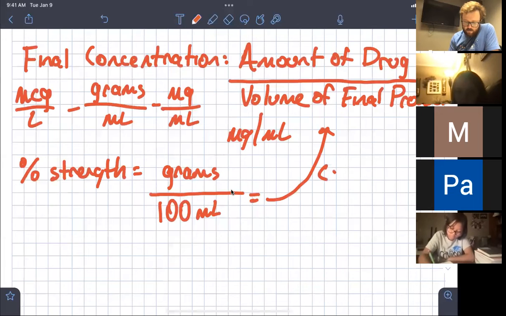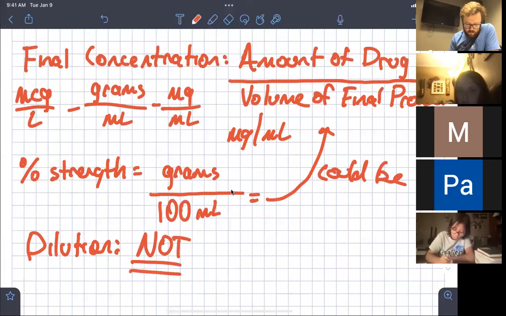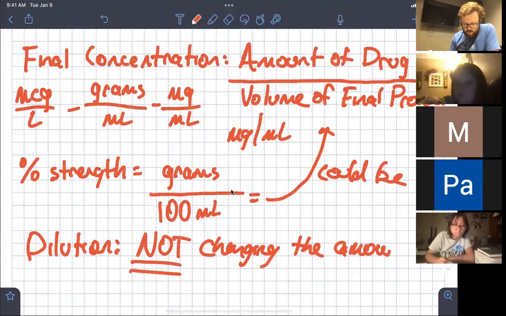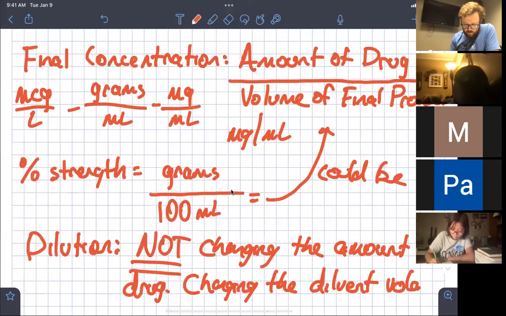So this could be dilution: not changing the amount of drug, changing the diluent volume.